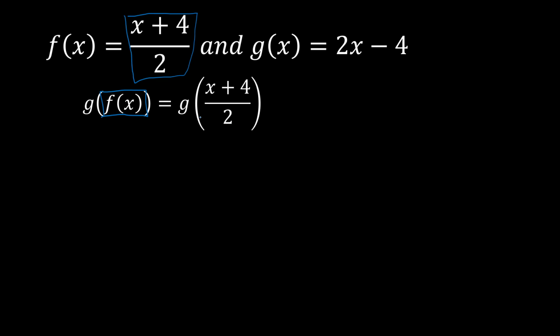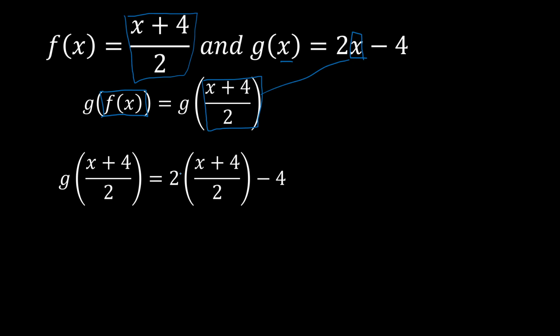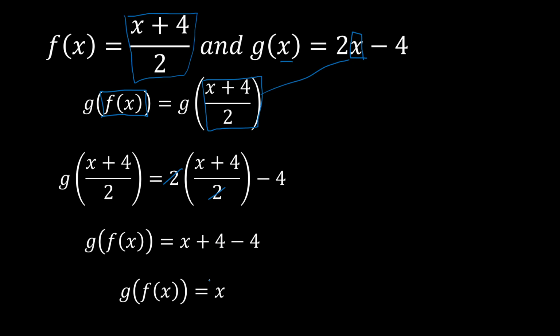And then from here, looking at the g function, in place of x, we're going to plug in x plus 4 over 2. So right here, instead of x, we're going to put in this whole thing of x plus 4 over 2. So now we have 2 times x plus 4 over 2. The 2 and the over 2 would cancel. You're left with x plus 4. And don't forget the minus 4 out here at the end. So we have x plus 4 minus 4, which would give me just x.